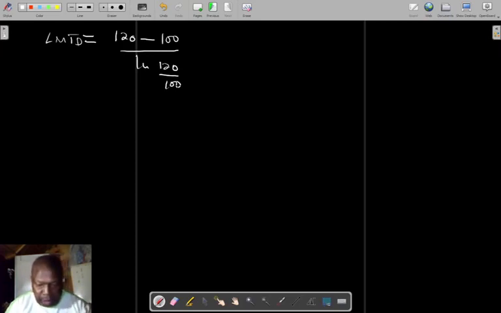So this implies that our LMTD is equal to 120 minus 100 divided by ln of 120 over 100, and that will give us a figure of 109.7 degrees C.